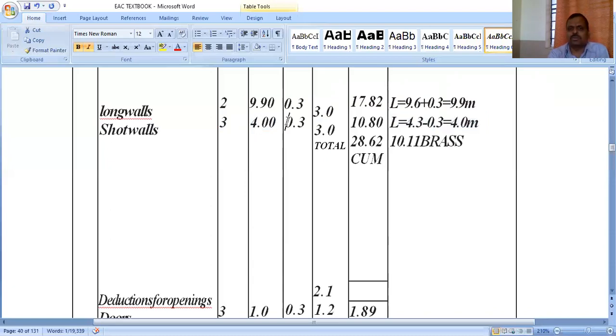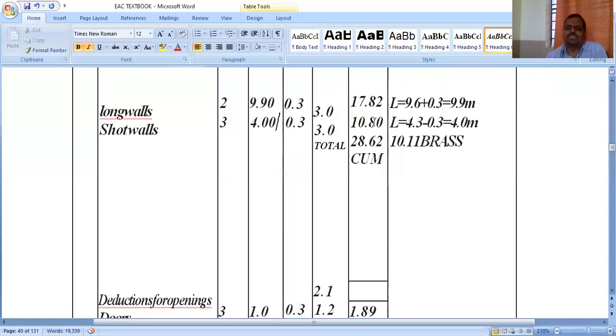Next, the width of the brickwork is no doubt 0.3 meter and the height of construction of the brickwork is 3 meter. You just have to multiply these 4 variables. 3 into 4 into 0.3 into 3 will give us 10.8 cubic meter as the quantity of brickwork of the short wall.